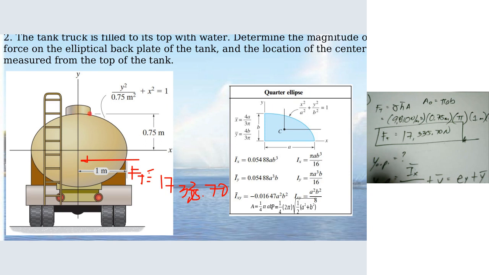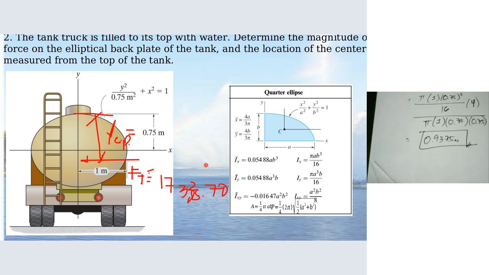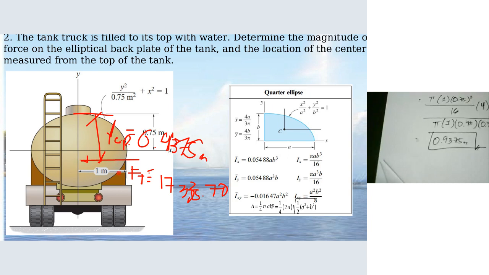And then, yung location niya from the top. Okay? Ito yung y sub cp equal sa 0.9375 meter. So, dito siya nag-a-act yung resultant force.